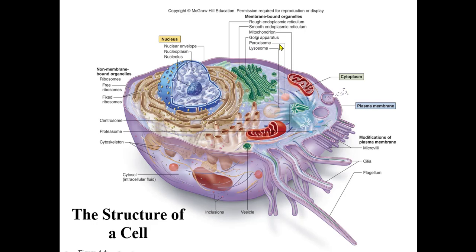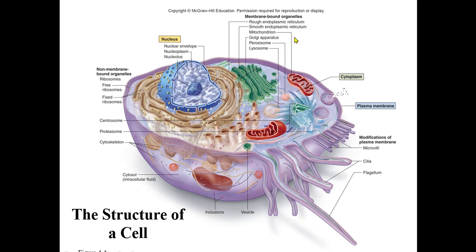The next one after that is peroxisome. This contains hydrogen peroxide. It is the same hydrogen peroxide, should it ever get loose, that will end up killing the cell. Some people call it sudden cell death, and that's because of a bursting of the peroxisomes.